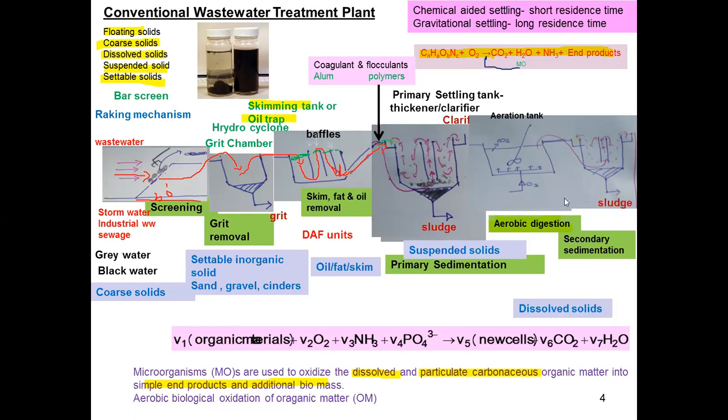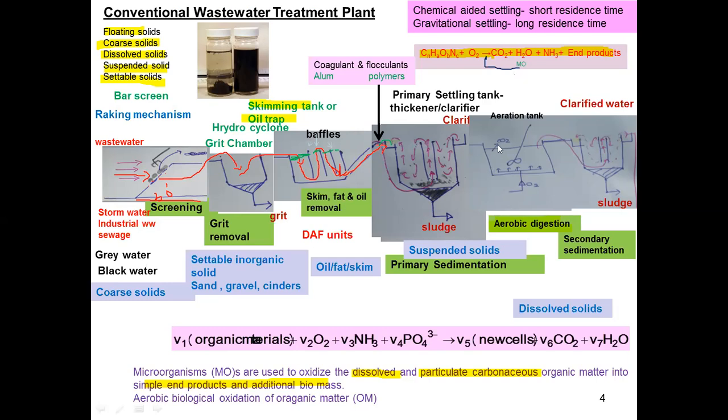From the bottom of the tank, we can remove the sludge where some percentage of the biomass is settled. Remember, this sludge is called biosludge or biosolids. Then from the top of the sedimentation tank, we can get clarified water. So this clarified water is sent to the next unit operation.